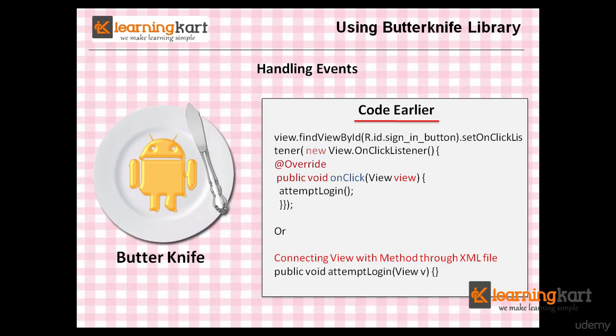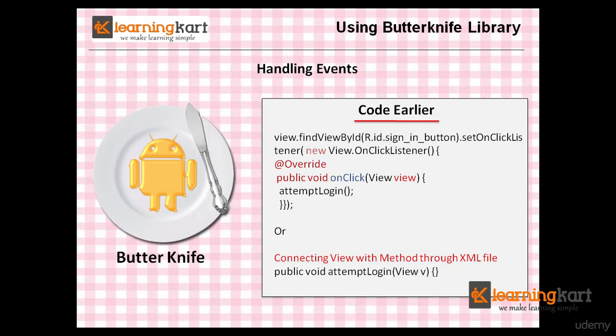The problem with these is that within an anonymous class, there's a lot of cluttering of code. It's not very clear, and not everybody is comfortable writing an anonymous class. In the second approach, sometimes it's not clear which UI component is associated with this method, because since the binding comes from the XML file, either you put in a comment or it isn't clear how it is associated with any view.